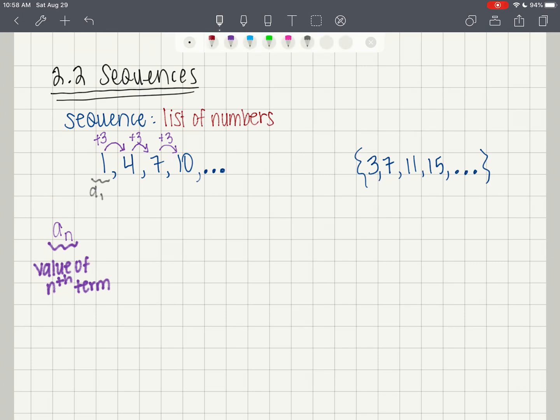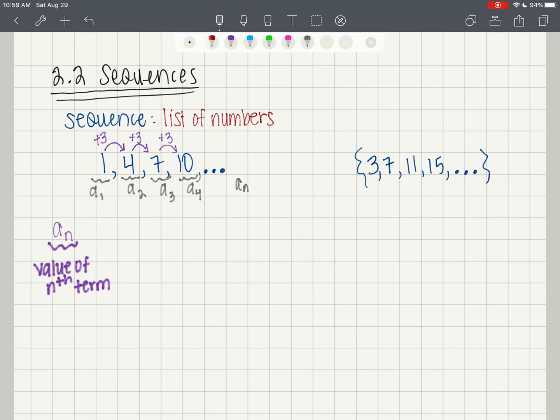A sub 1 is the value of the first term. A sub 2 is the value of the second term. A sub 3 is the value of the third term. A sub 4 is the value of the fourth term. And then somewhere down the line, we might have a sub n, and that's the value of the nth term.